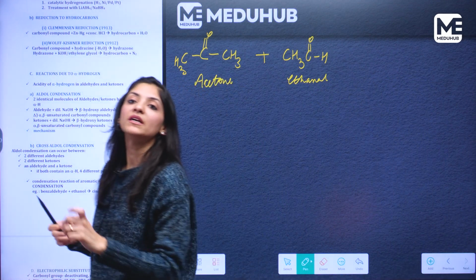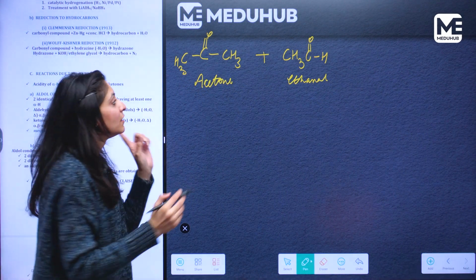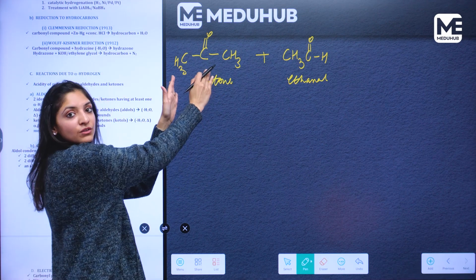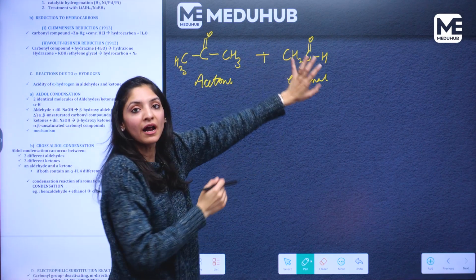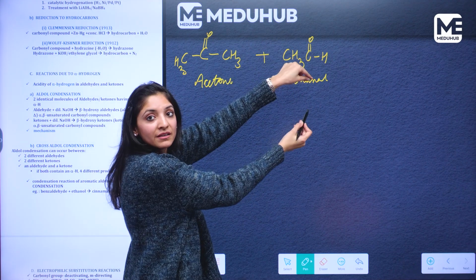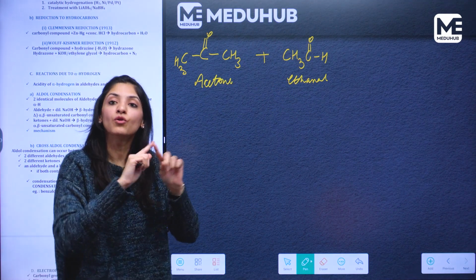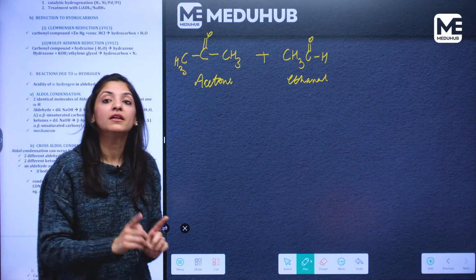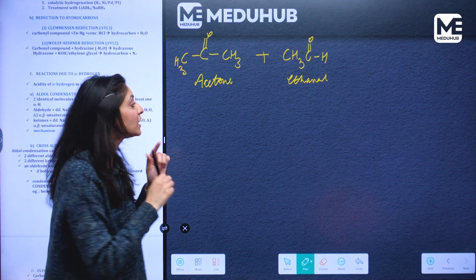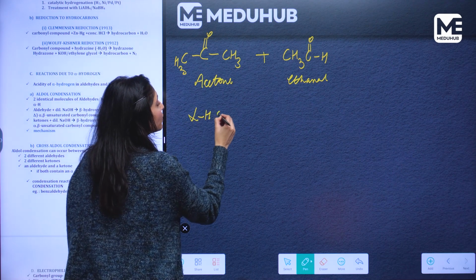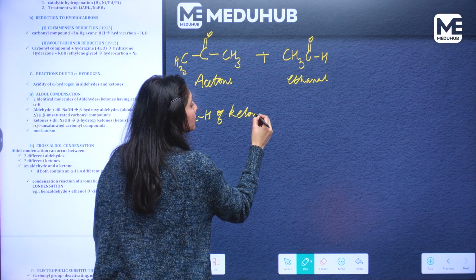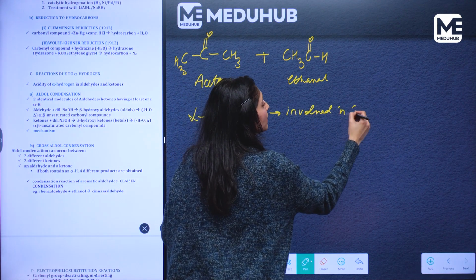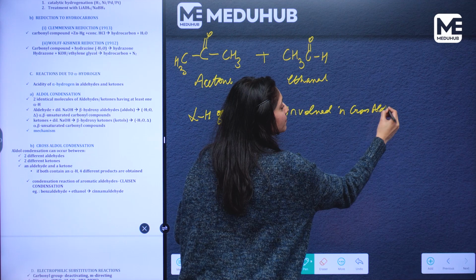In such a scenario, when a ketone reacts with an aldehyde, one, we can easily get the simple aldol product of acetone combining with acetone. The other product would be a simple aldol product of ethanol combining with ethanol. And the third product would be a cross aldol product between acetone and ethanol. In such a scenario, only the alpha hydrogen of the ketone is involved in cross aldol formation.